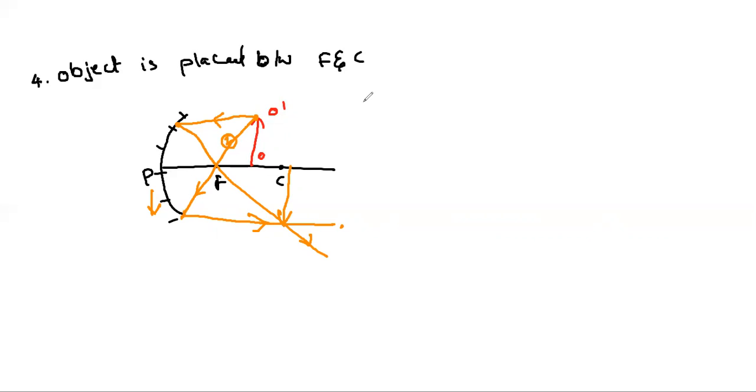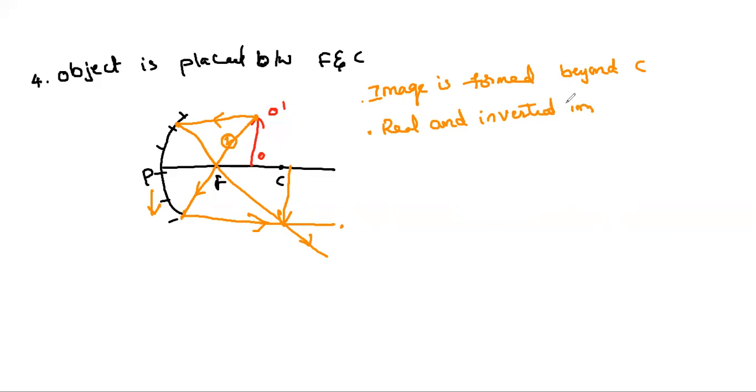Now if you consider the image characteristics, where the image is formed, image is formed beyond C, and since it is formed outside the mirror, it is a real and inverted image.